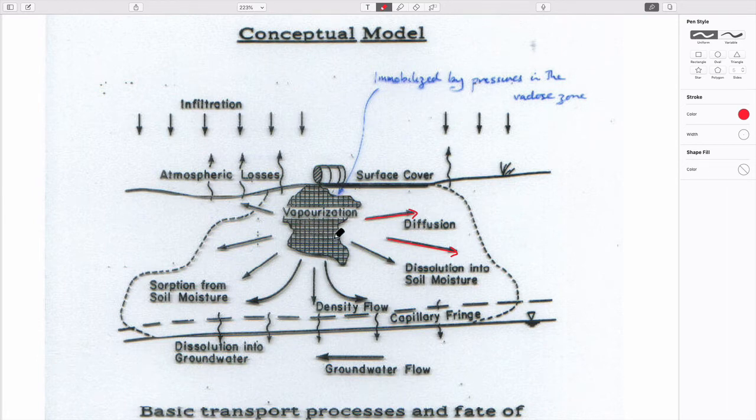It becomes a component within the air-filled pores of the vadose zone and can travel driven by concentration gradients, just as it could in water. Typically, if it vaporizes, it's denser than the air, and so there'll be some advective components that would drive flow downwards and into contact with the water table.